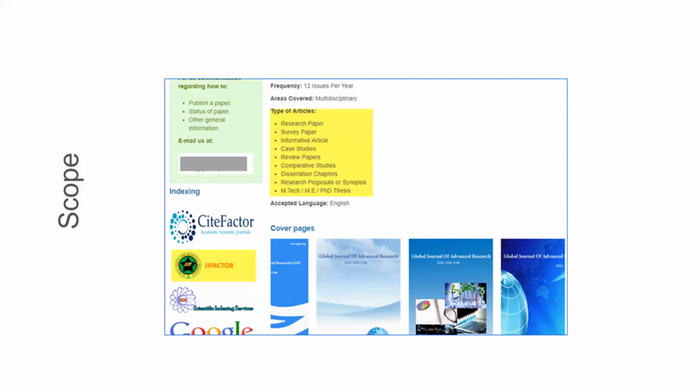So journals always have a web page where they describe their aims and their scope. And in this case, the scope is so wide that it is definitely a red flag. So it's from research paper to survey paper to a dissertation chapter to a research proposal or a synopsis or a complete PhD or master's thesis, right?